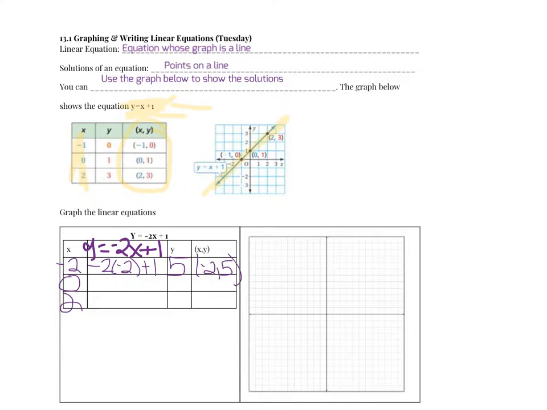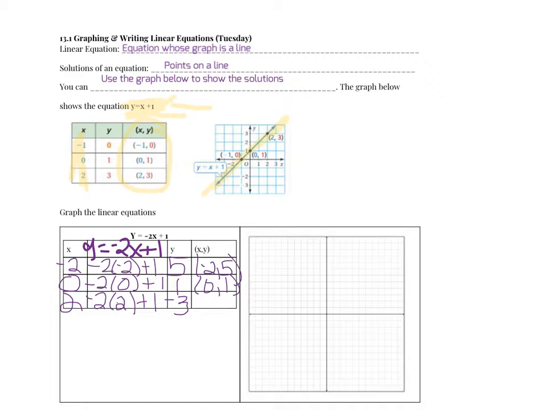Again, we're going to plug it into the x, -2 times 0 plus 1. Well, any number times 0 is 0. So we have 0 plus 1, which is 1. So we have 0, 1 for our coordinates. If we go on to the third one, you have -2 times 2 plus 1. So -2 times 2 is -4, plus 1 gives us -3.